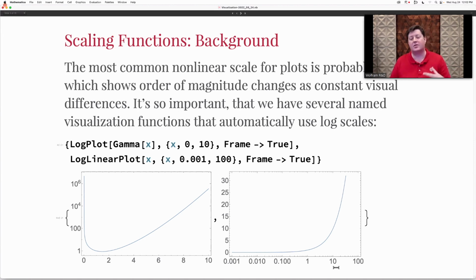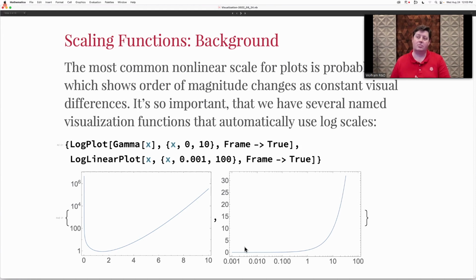And log scales are so important in various fields and in science that since version 6, we've had built-in system symbols in the Wolfram language just for doing plots with log scales. So we have LogPlot and LogLinearPlot, and those are the two that you see here.